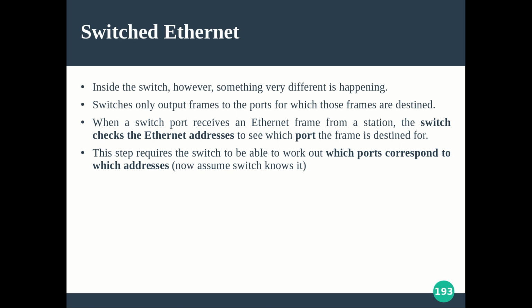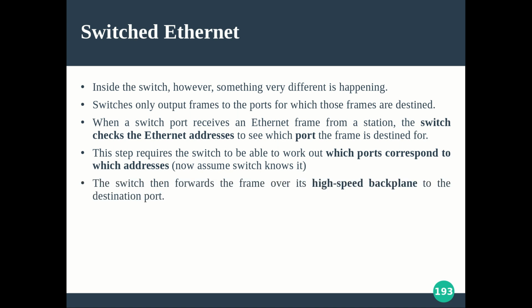There should be some kind of mapping table inside the switch that tells it that for this particular destination address, it is better to deliver to this port. If you deliver the frame to this port, it can help you reach the destination properly. That kind of intelligence the switch already has, in the sense that some kind of table will be used by the switch, which you have to configure.